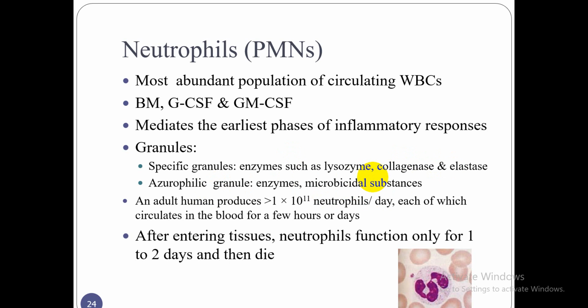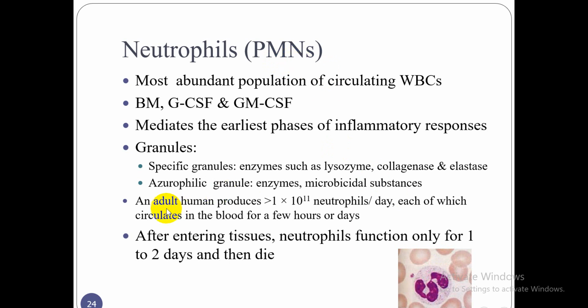Neutrophils have a nucleus with 3 to 5 lobes. Because of this structure in their nucleus, they are called polymorphonuclear cells.